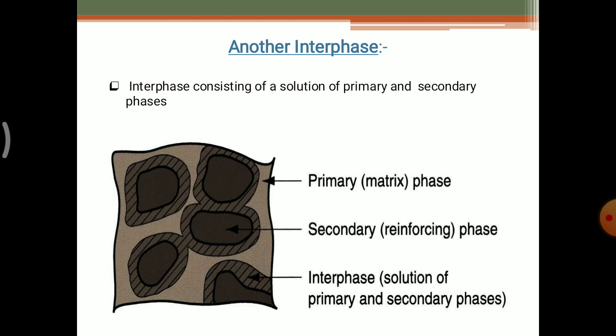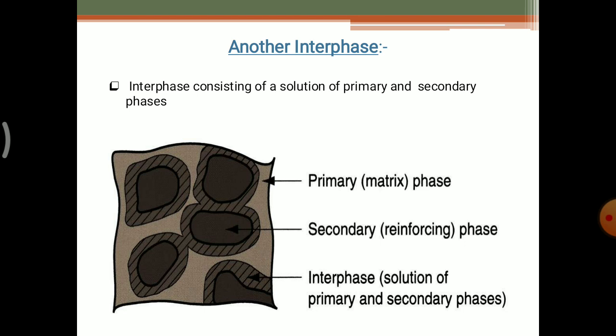So this is the cross section of the bonding structure, which is seen in fiber reinforced composites. The gap between the secondary phase is known as the primary matrix, that is the matrix phase, and the gap between primary phase and secondary phase is known as the interface.